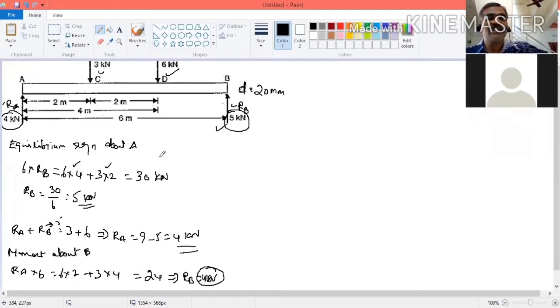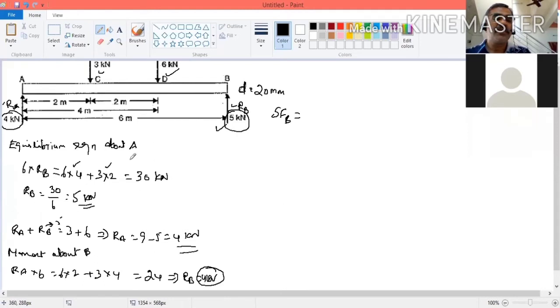Now we'll discuss the shear force diagram. Please remember that writing the equilibrium equation is different from calculating the shear force and bending moment. Don't confuse both.